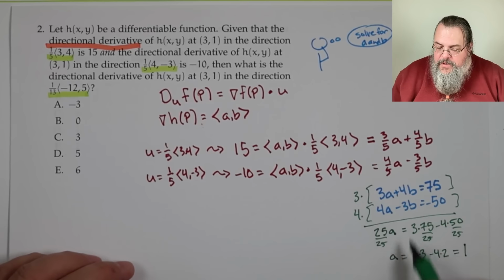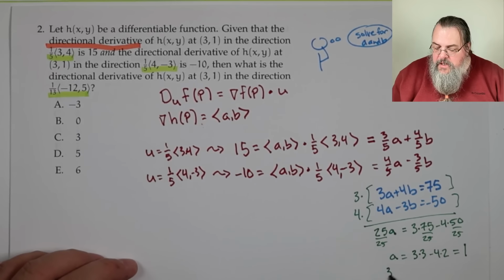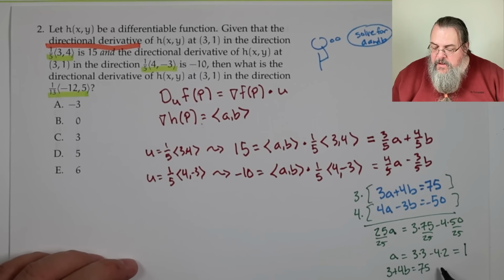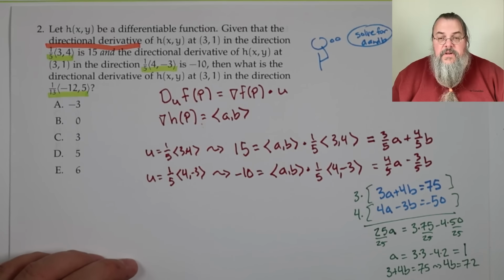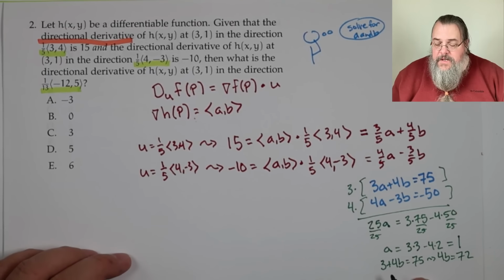Let's put in a equals 1. 3 plus 4b is equal to 75. That says 4b is 72, or if we divide by 4, b is 18.